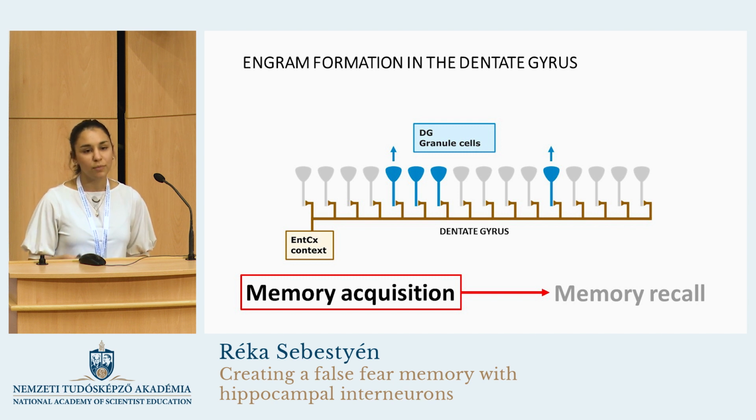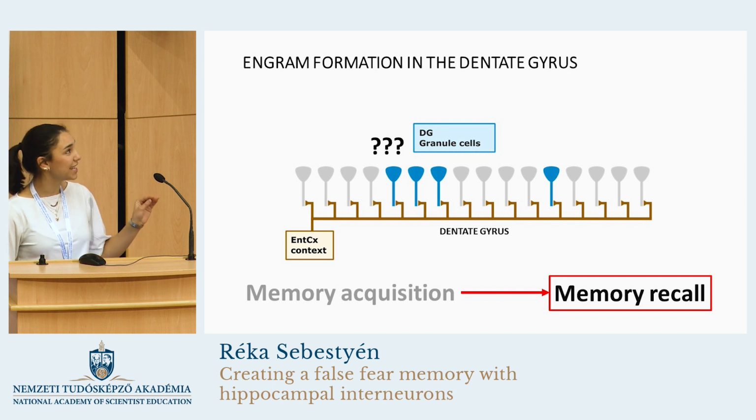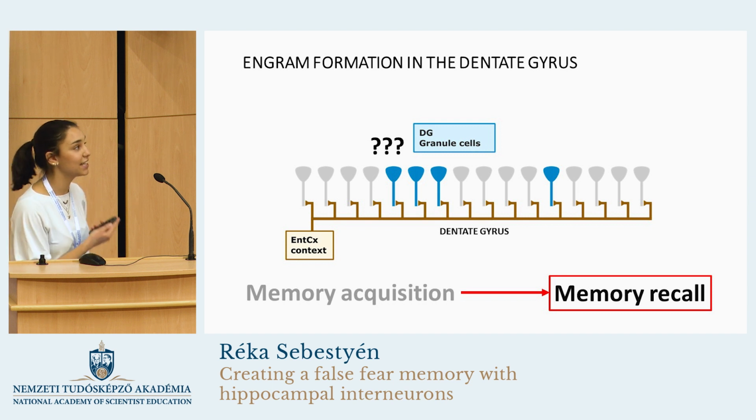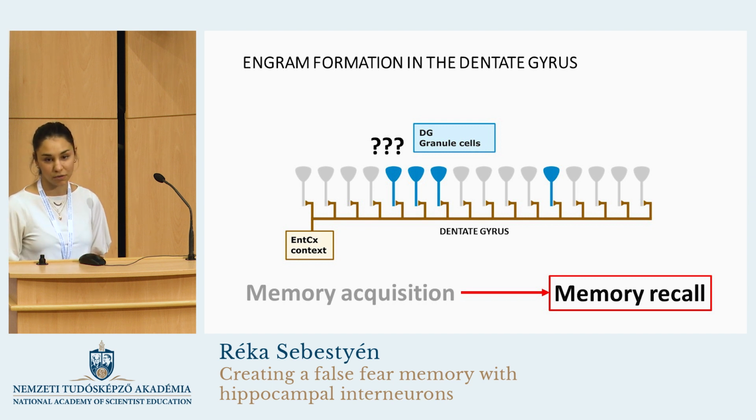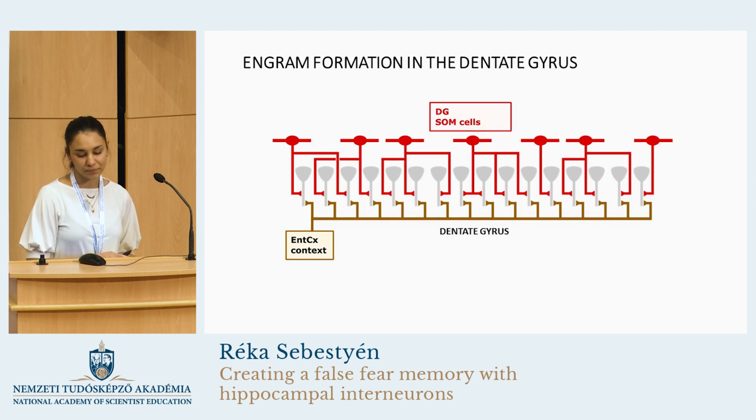But the problem with this is the following. If these cells are truly selected completely randomly, then how come we are able to reactivate these exact same cells during memory recall? We dived deeper into this network and found that these dentate gyrus granule cells are selectively inhibited by a dendrite-targeting somatostatin-positive interneuron population.